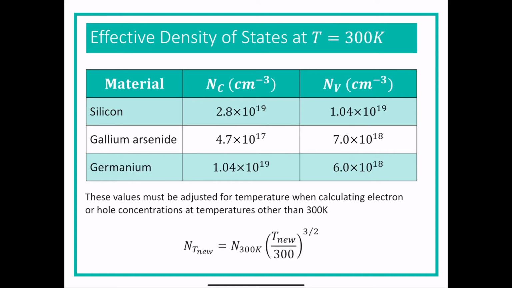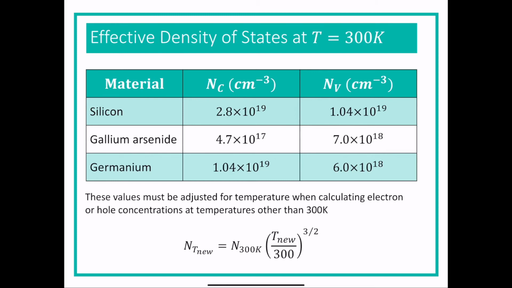So there is a table like this, either in the book or online. I do provide these tables for you on D2L, so if you don't have the book, you don't have to go look for the tables. But this basically tells you the values of the effective density of states at 300 K, and then if you're going to adjust it for another temperature, you just take the new temperature over 300. Just remember, it's to the 3/2 when you're dealing with this value.